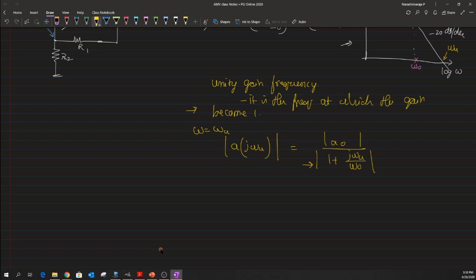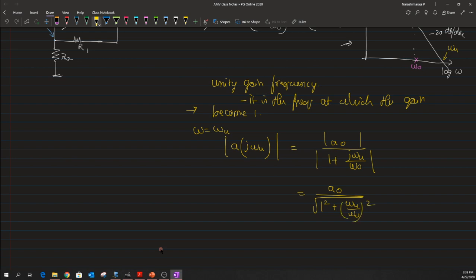In the denominator we could see that there is a real term as well as an imaginary term. Whenever we make a modulus, we know the formula that is generally used: square root of the real part squared plus the imaginary part squared.